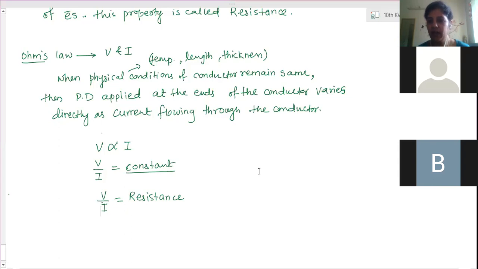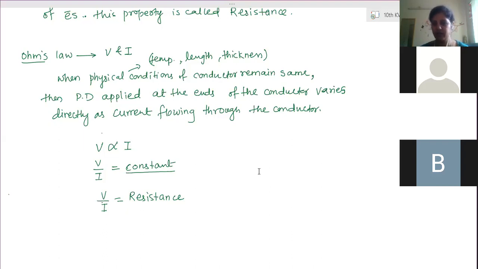Okay, so the V by I ratio for a particular conductor always remains constant, and this constant value is called resistance. That constant is always equal to the resistance provided by the conductor. Clear?